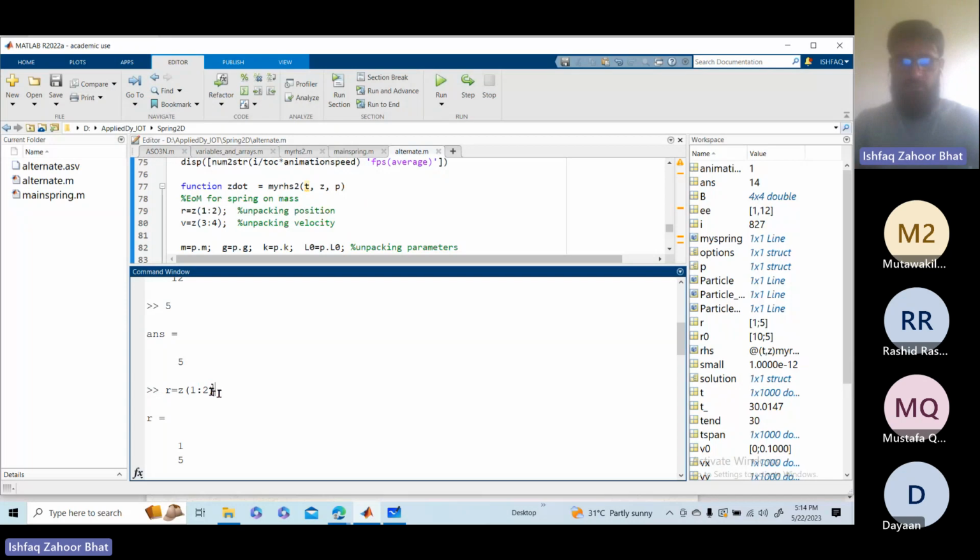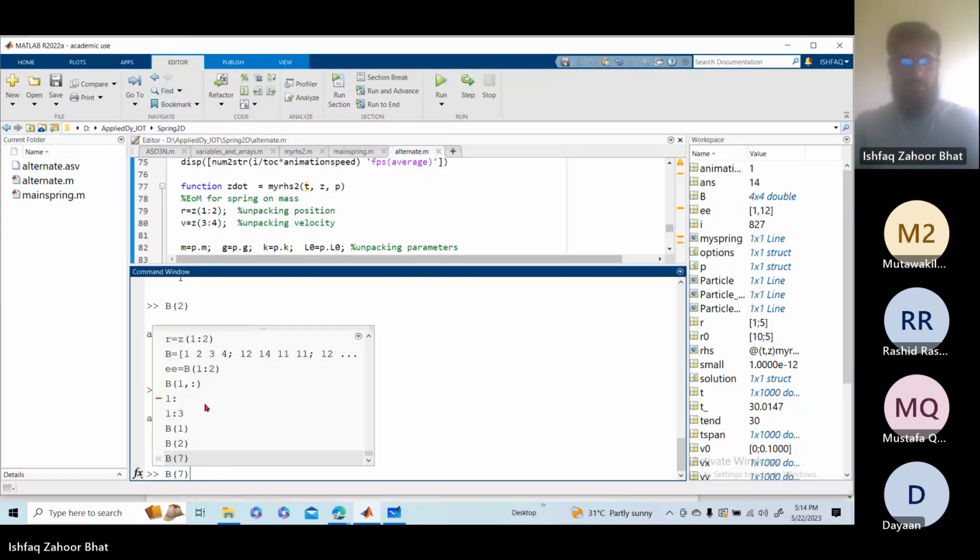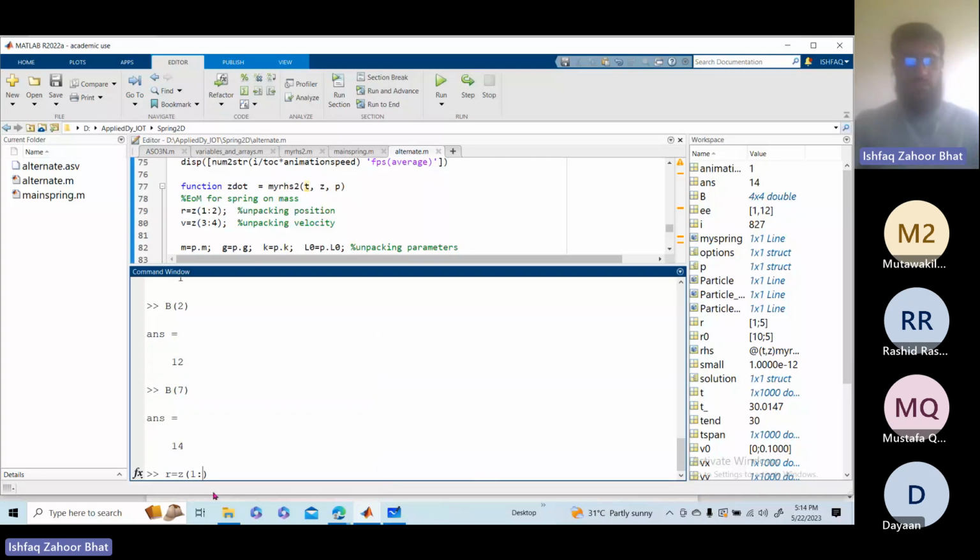If you write 1 to 3 instead of 1 to 2, you should get the first 3 elements, because 1 colon 3 is actually 1, 2, 3. We have seen it before. So it is basically Z of 1, Z of 2, and Z of 3. Is it clear now?